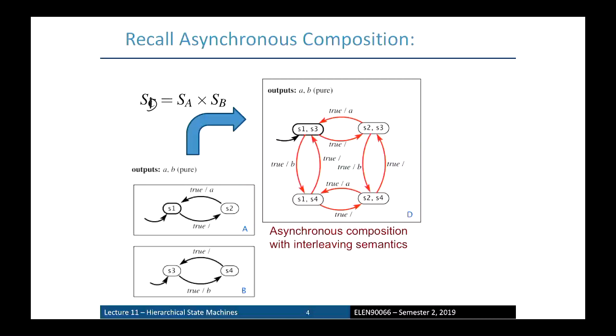And typically what we do when we have asynchronous composition is we use what's called interleaving semantics. Essentially we are choosing one of the machines to react non-deterministically, then choosing another, then choosing one of the machines again.